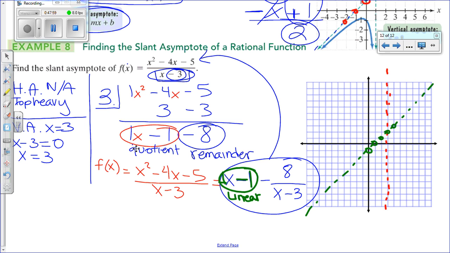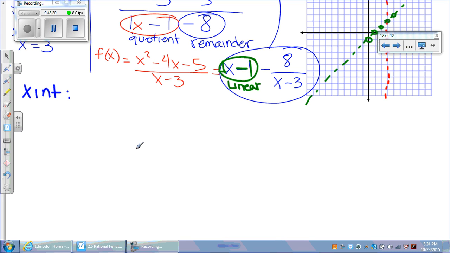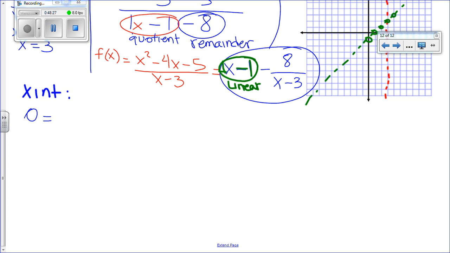And I don't feel like finding any more points, but okay, let's just find the x-intercepts. And I want to find them because they would be easy to find. So the shortcut for the x-intercepts will be to take the numerator and equal it to 0.